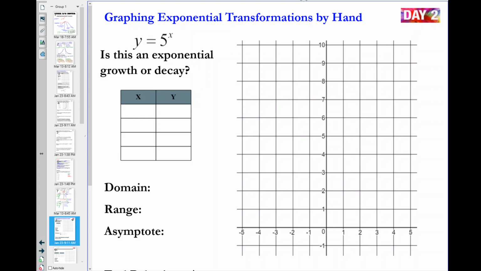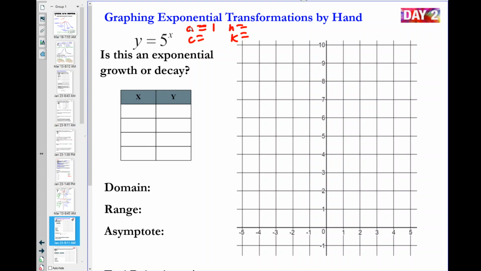All right, is this a growth? Look, this is a parent function. Let's identify what A is here. 1, because in front of the 5 you don't see multiplication. What is C here? A is what's in front of the base. C is what's in front of the X. What's in front of the X? A 1.